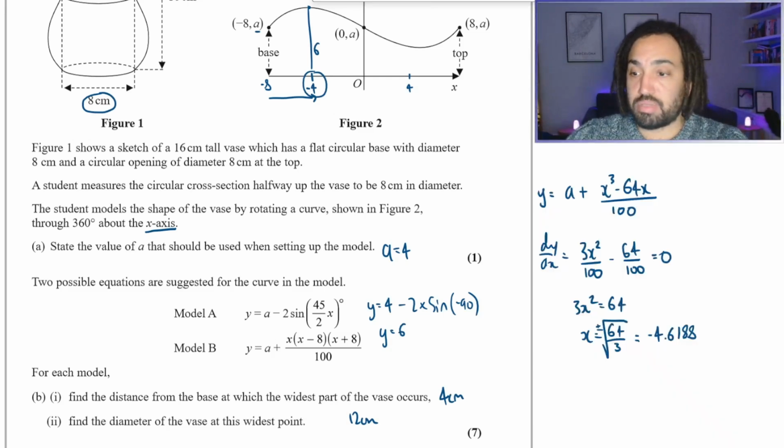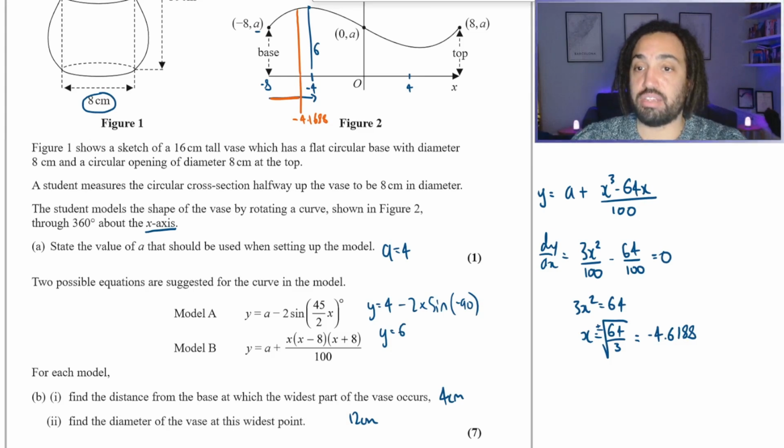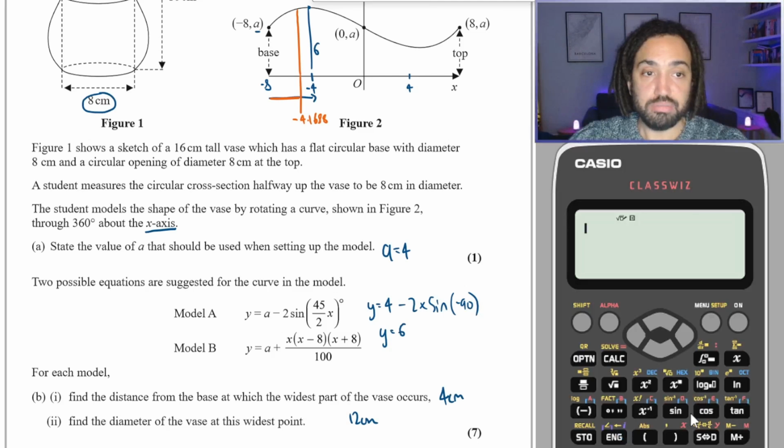So it's going to be roughly somewhere like here. But the question asked me distance from the base, so I'm actually looking for this distance here. That will be 8 minus that value. So if I take that previous answer and add 8 to it, that's going to give me the distance from the base, so 3.38.